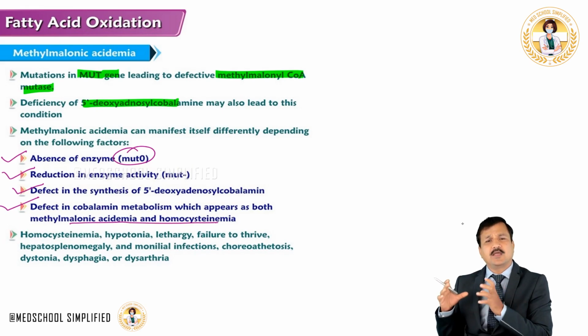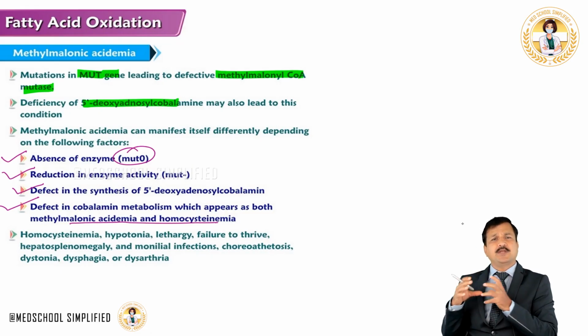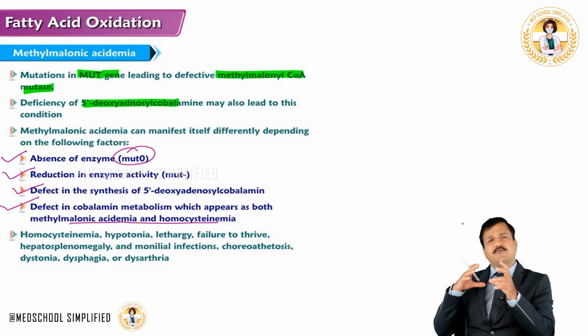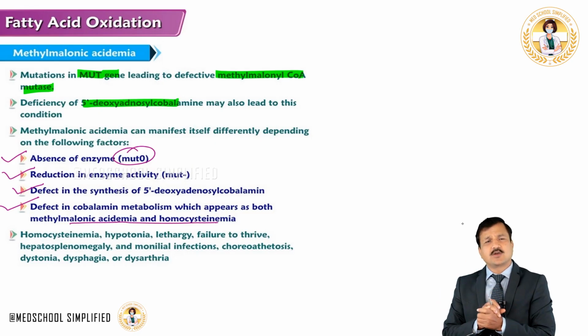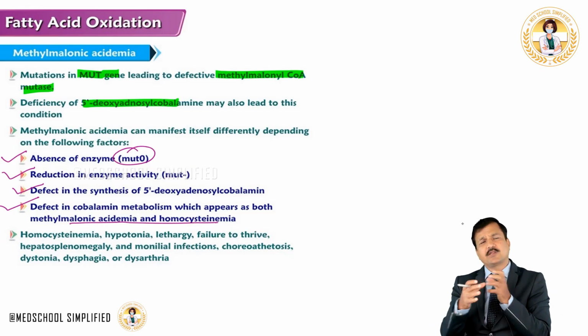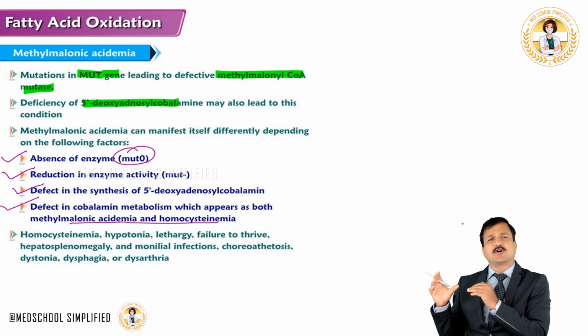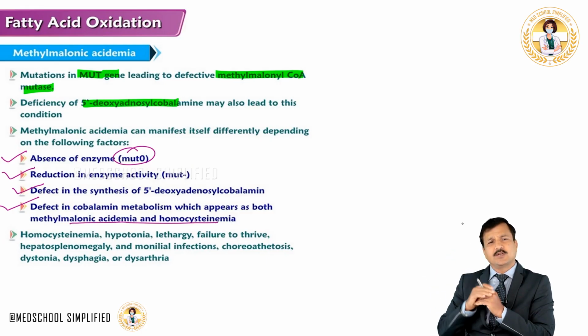Methylmalonic acidemia due to derangement of deoxyadenosyl synthesis and cobalamin metabolism may also have features of homocystinemia. So it can be a combination of two things if it is a deoxyadenosyl-cobalamin deficiency: methylmalonic acidemia along with homocystinemia, because cobalamin is also necessary for the conversion of homocysteine into methionine, and that reaction can be affected.